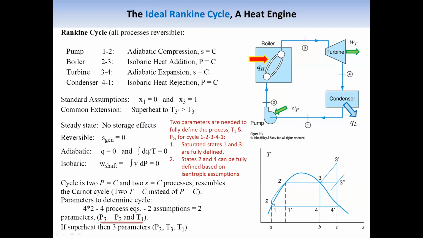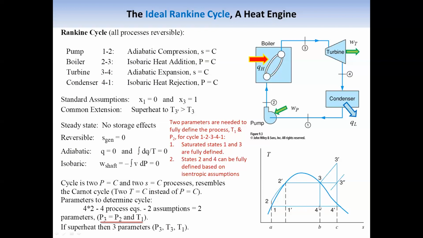We learned in the earlier chapters that on the TS diagram, a constant pressure line looks something like this. And then if the fluid comes out of the boiler as saturated steam, it can do some work. The turbine will do some work so that the temperature drops.